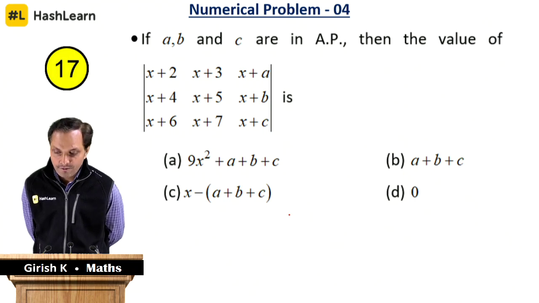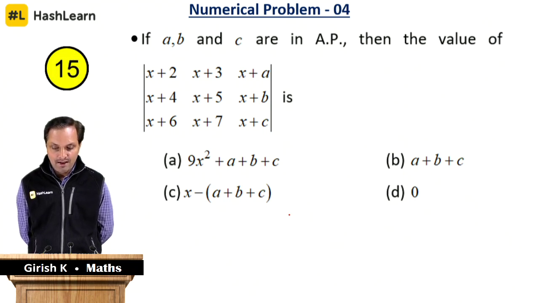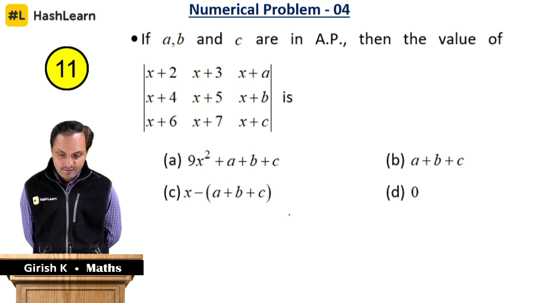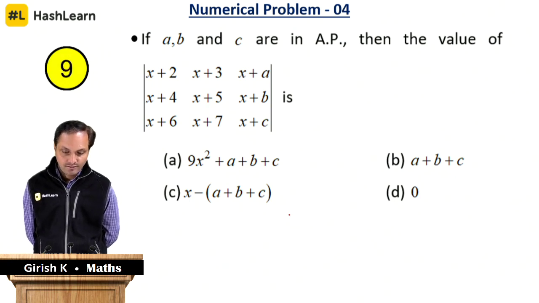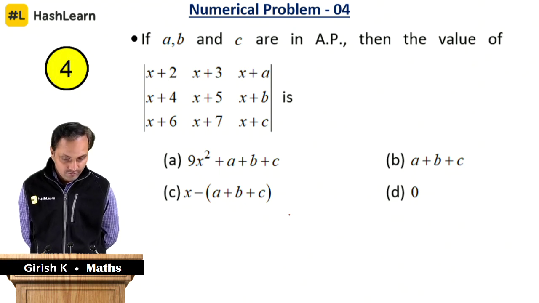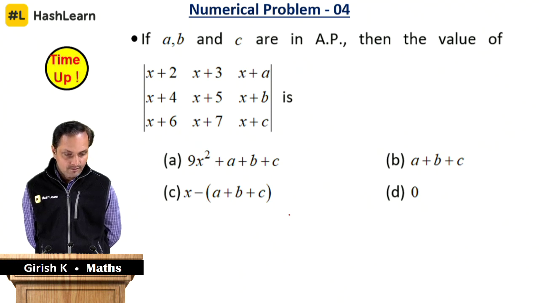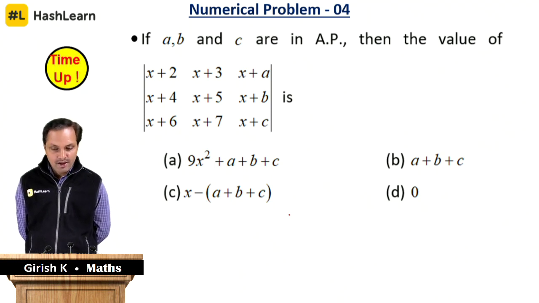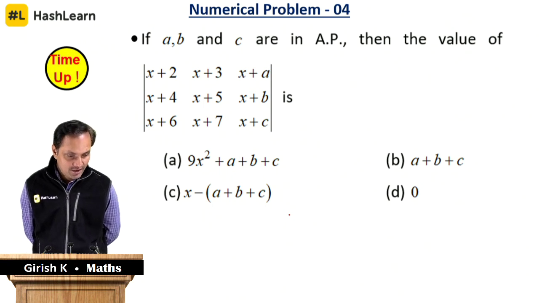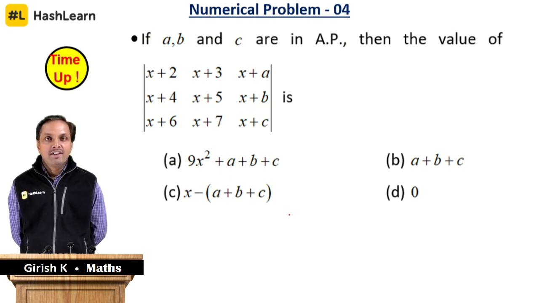And they are asking you to find the relation between A, B and C. Come on, numerical number 4. No response. Yes, Pankaj. Trying.